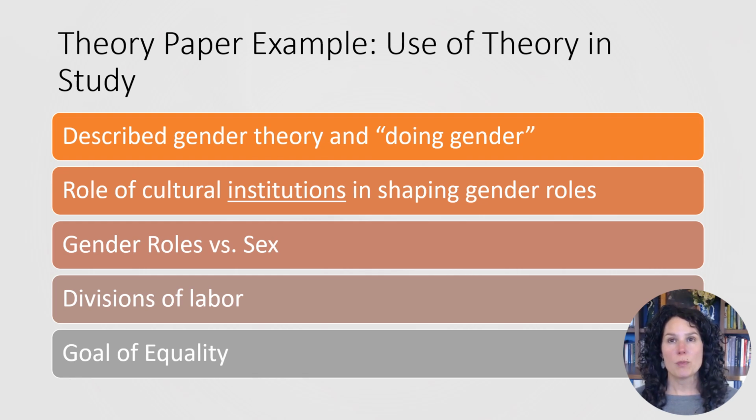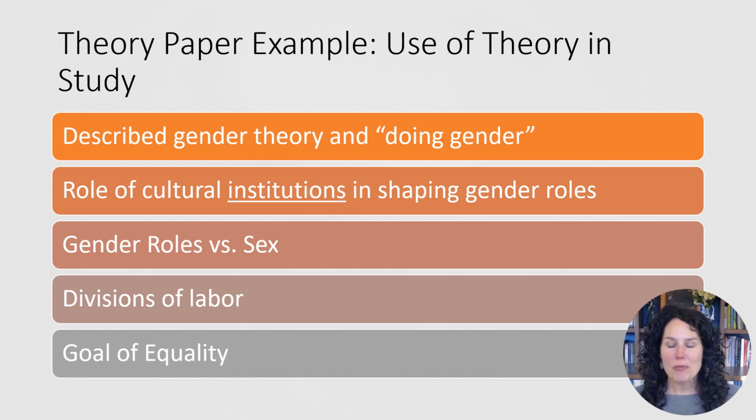They distinguished between gender roles and sex, and they said by studying lesbians, we're going to try to tease out what gender roles look like when sex is held constant, as all subjects in the study were female. They focused on divisions of labor, which is a common part of feminist family theory, and that assumption that equality is desired. Feminism is emancipatory. They were focusing in on that as well.